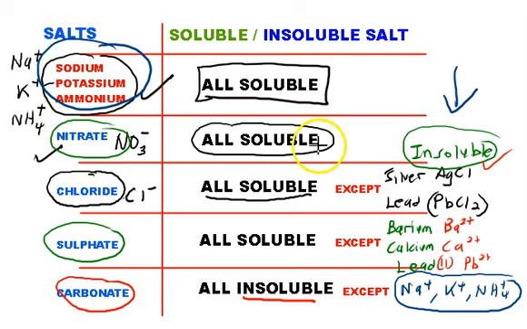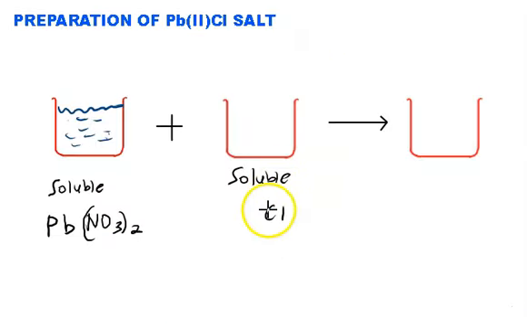Now let us think about chloride. All the chlorides are soluble except that you cannot mix with argentum chloride, it will form a precipitate, and you also cannot mix with lead 2 chloride, it will form a precipitate.